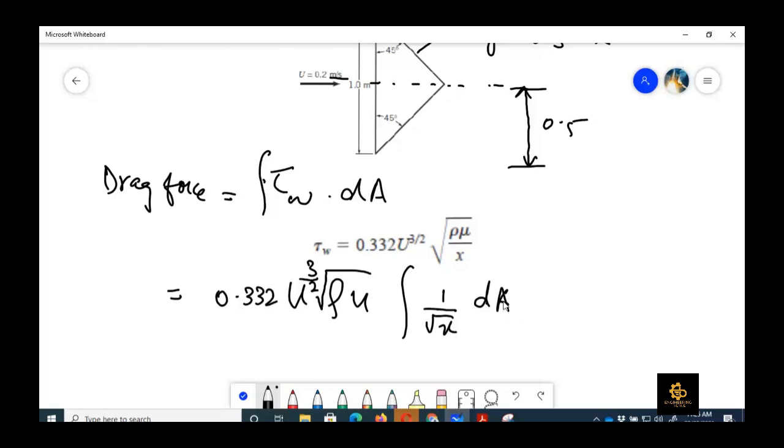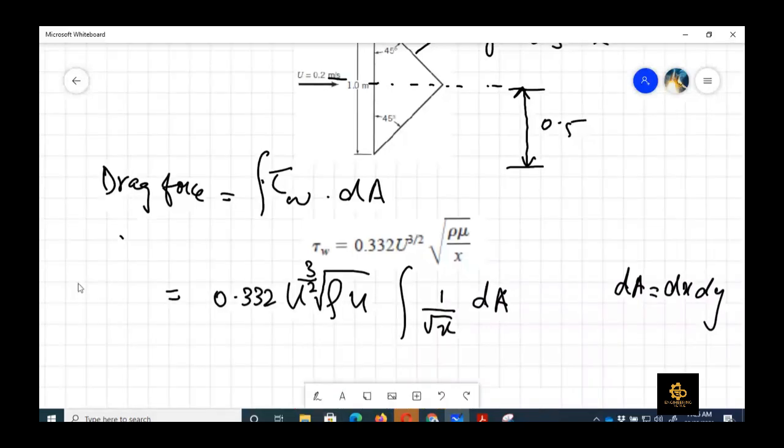Now, what is dA? dA is basically dx dy, right? Because dx and dy. Now, what would be the limits here? For the limits, we need to see that if we have got y is equal to 0, then x would be 0, and when we have got y is equal to 0.5, then x would be, if we use trigonometry, very simple, 0.5, right?